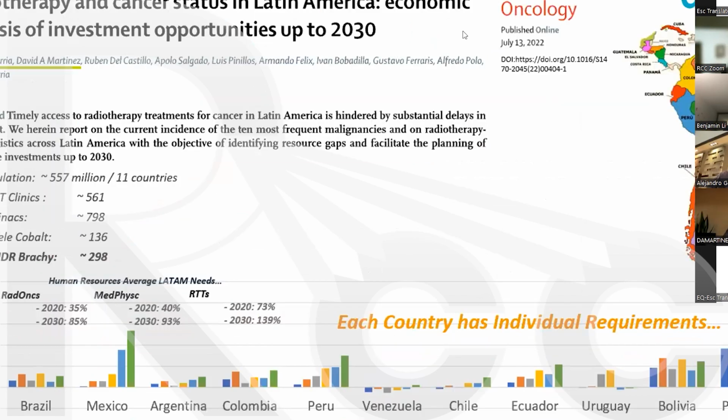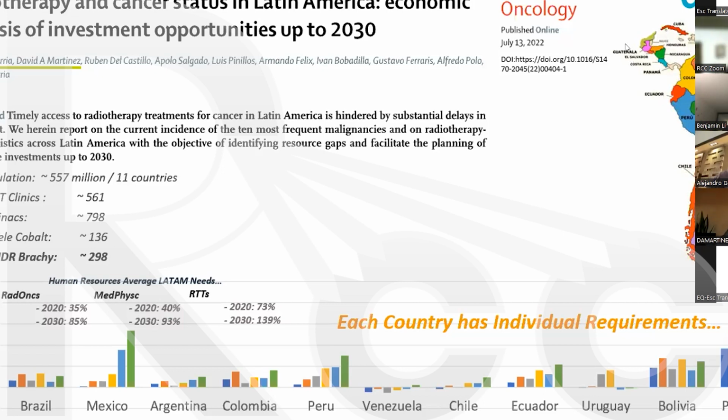After understanding this panorama, we checked all this installed capacity in terms of human resources and machinery resources, to see how we can project the implementation in the future.